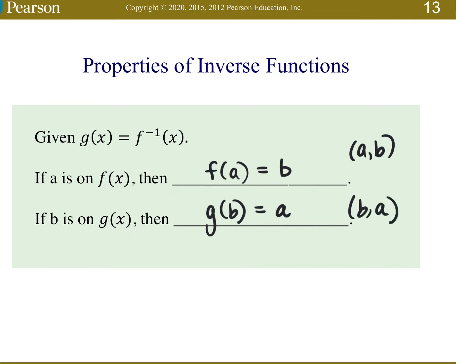On inverse functions, the relationship between points is that the point on one, with the x-coordinate and the y-coordinate switched, would live on the other function. So 5, 3 would be on one function, and then 3, 5 would be on the inverse. We don't change signs. We don't make things negative. We just switch the order. So keep that in mind.